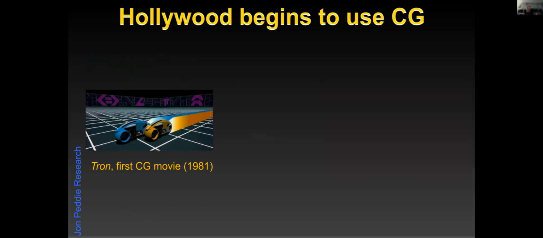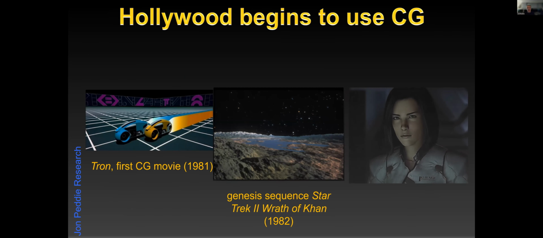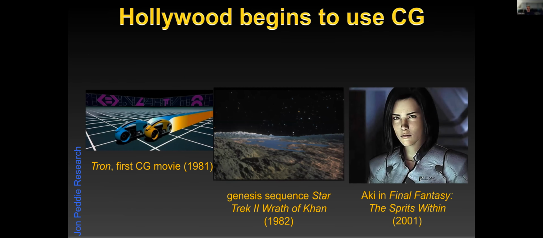Well, then it got to the movies, and the movies have never been the same since. Some of the first movies, Tron, maybe you've seen it. If you haven't, go see it because it's fun. The story's not real great, but it's fun to look at the graphics. One of the big things that was done was the Genesis sequence in Star Wars, where they terraform this planet to bring it back to life.